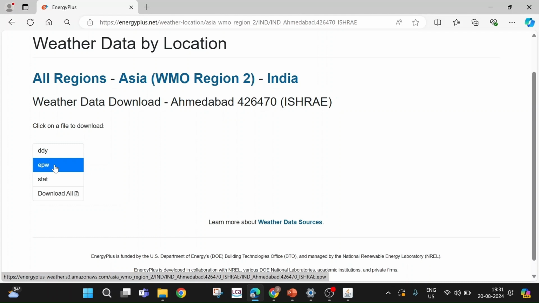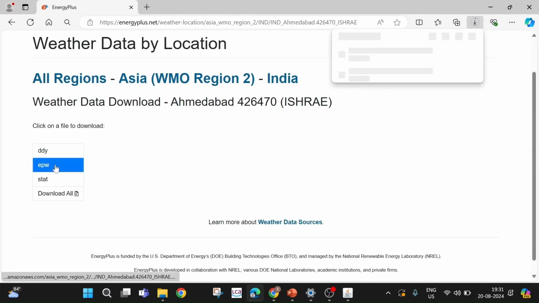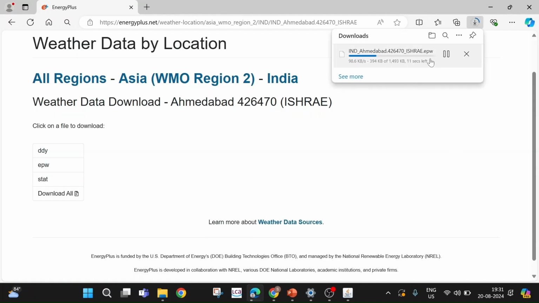This only you have to download, save it on your desktop or download folder anywhere. From there you have to extract it when you start a new project. This EPW file is getting downloaded for Ahmedabad. So this one you have to attach when you start your new project. Then you go to the next.